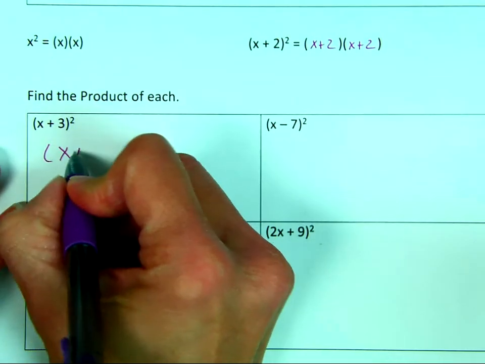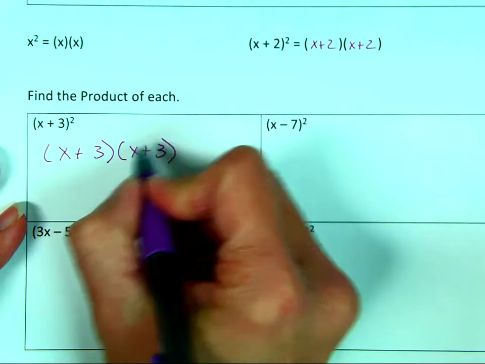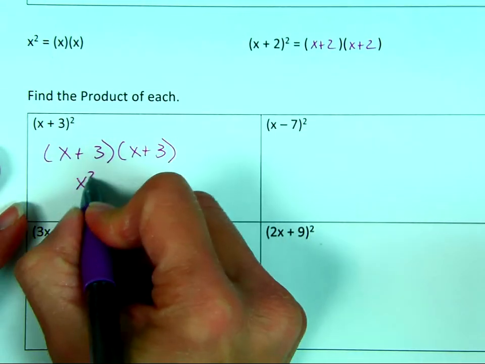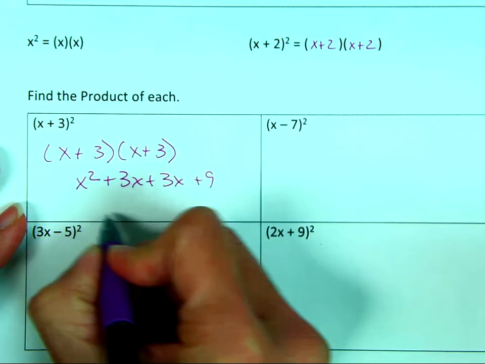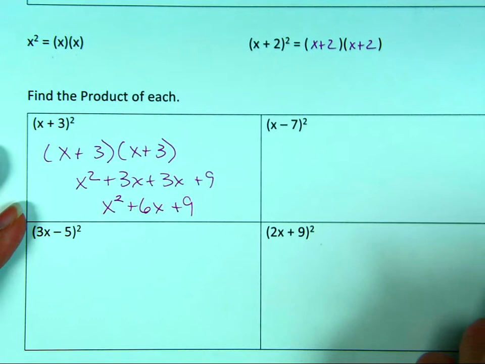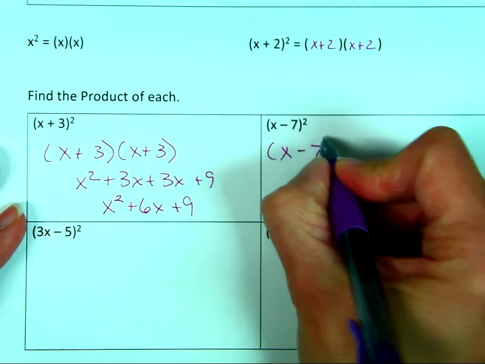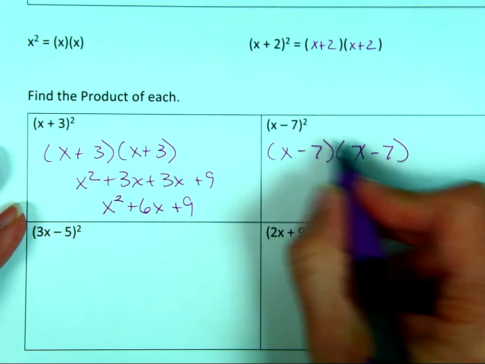So (x + 3) times (x + 3). We did the difference up there. That's what this means. So I'm going to get x squared plus 3x plus 3x plus 9. And when I combine the middle terms, this is what I get. Okay, let's try this one. So I write it as this binomial times itself because that's what squared means.